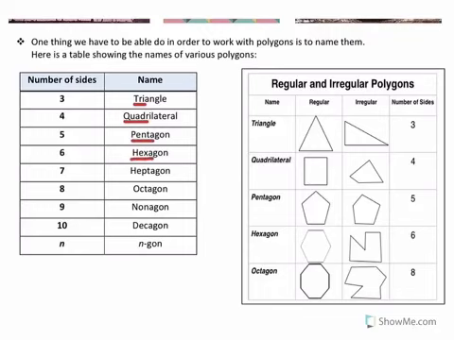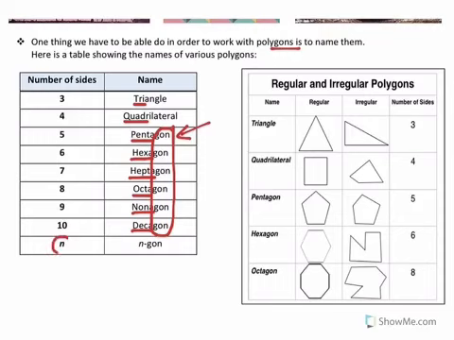Hexa means 6, hepta means 7, octa means 8, nona means 9, and deca means 10. And I'm sure it keeps going. All of these are called gon because they're polygons. So pentagon means 5-sided polygon or 5-sided shape.